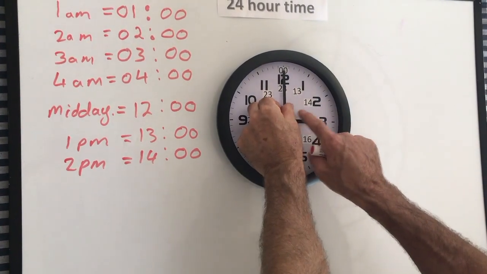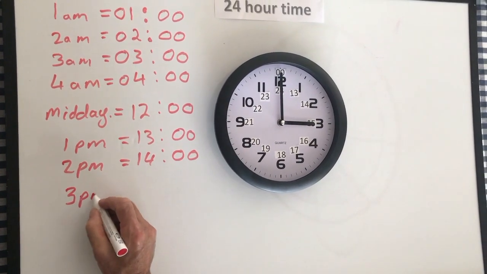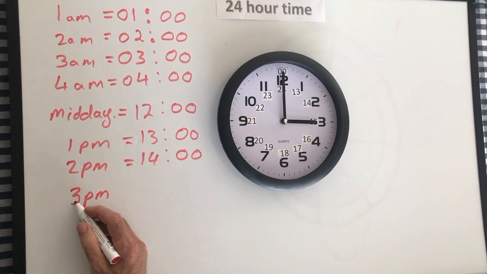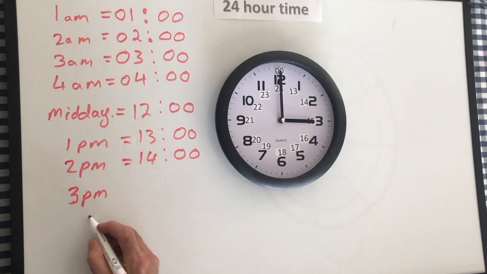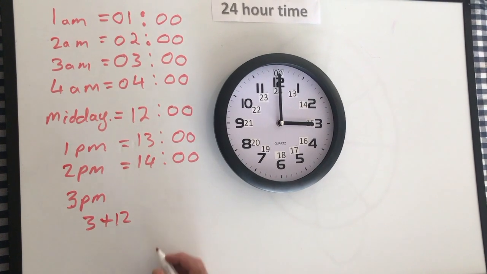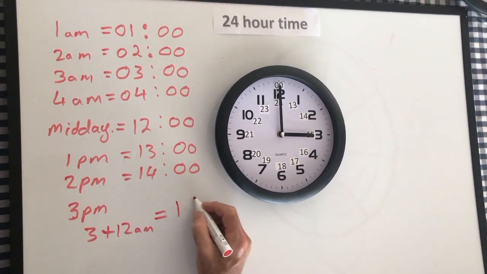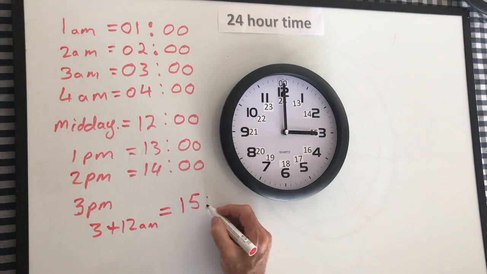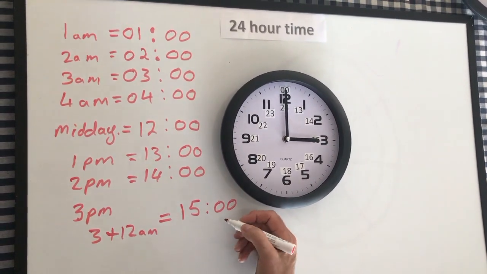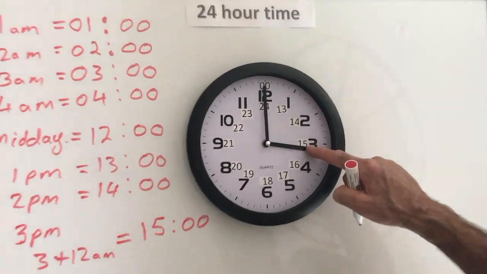3 PM, what I'm doing is I'm taking my 3 hours that I'm showing now, I'm adding the 12, 3 plus 12 from my AM, and that equals 15 hours. As you can see on our clock, 3 equals 15.